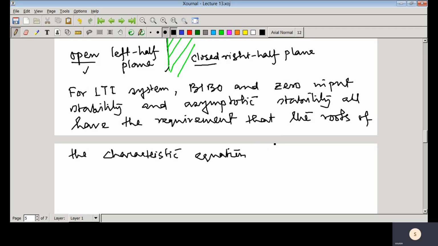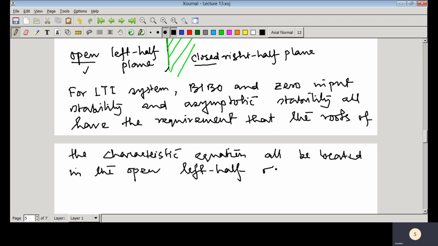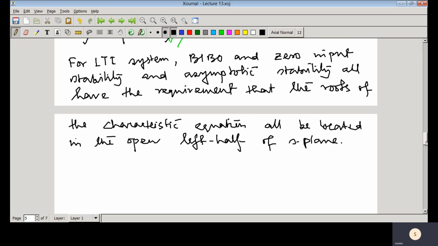That characteristic equation roots should all be located in the open left half of S-plane. So this is a very important and powerful result in linear time invariant system theory.